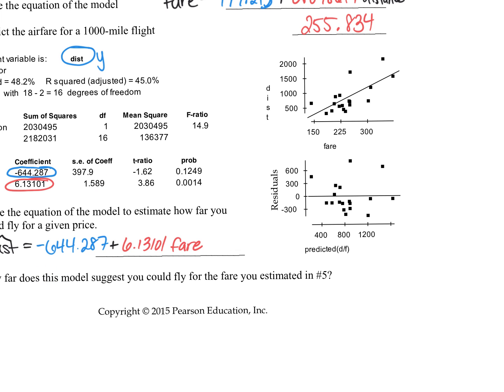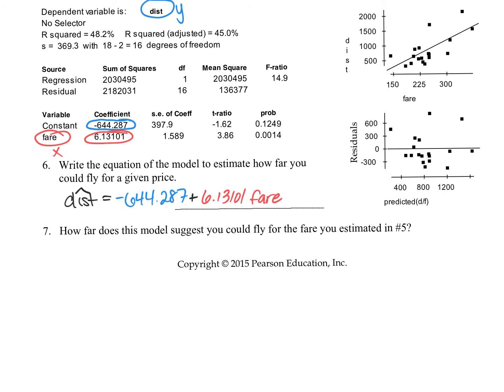I should get 1,000, right? Am I going to get 1,000? Find out. Go ahead, plug that in. Times 255.834. So we'll plug that in and see how far it estimates we can go.